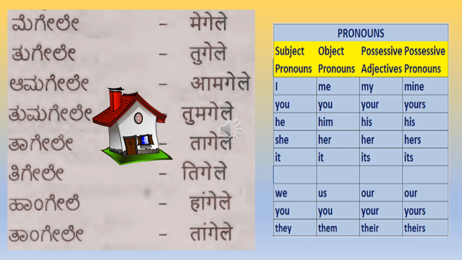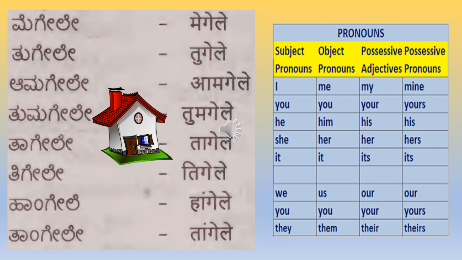Is this your house? Tugele. Amgele, our. Hai amgele ghar. This is our house. Hai tumgele ghar. Is this your house or yours? Tumgele. Tagele, his. Hai tagele ghar, his house.